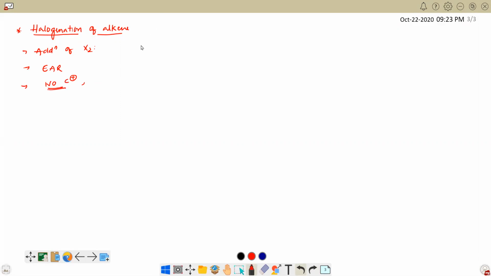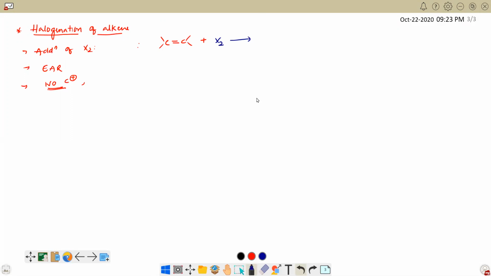Understood? Let me write the reaction here. Because it is a symmetrical reagent, there is no need to worry about which compound is major or minor. So I'm giving here X2. Usually we can take chlorine and bromine, but iodine is not suitable. Fluorine is highly reactive. Why iodine is not suitable, I will tell you.